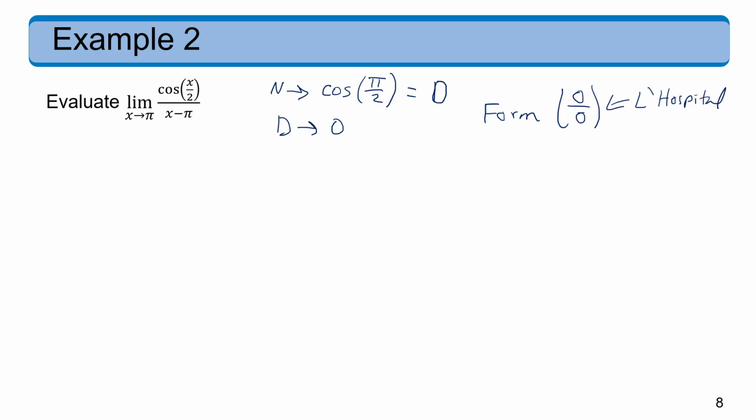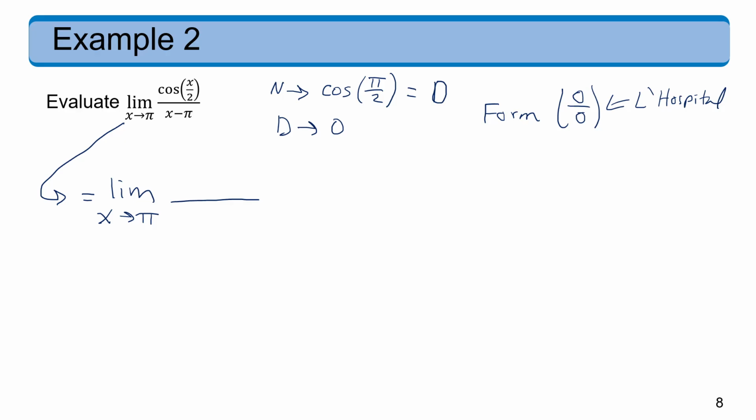Okay, so let's take the given limit, and we'll say it equals this new limit, x still approaching pi. Now in the numerator, we want the derivative of cosine of x over 2. That's a composite function, so we need to use the chain rule.